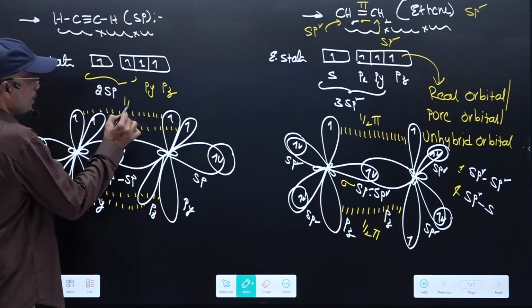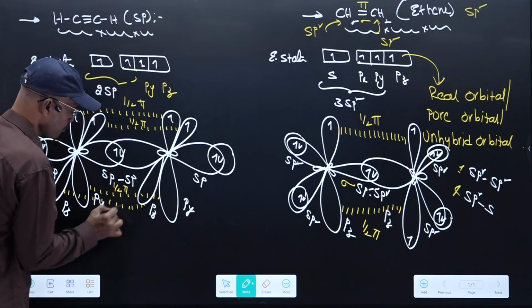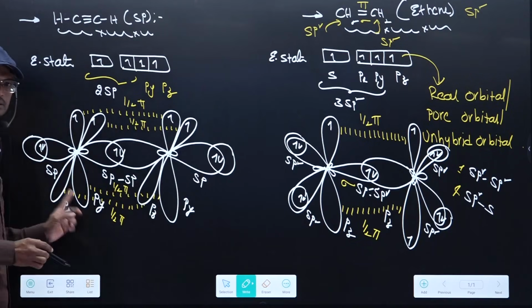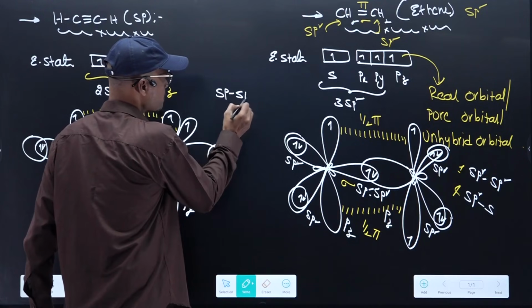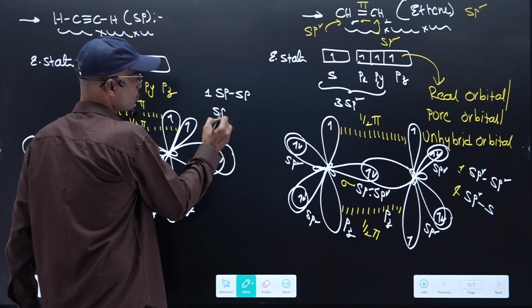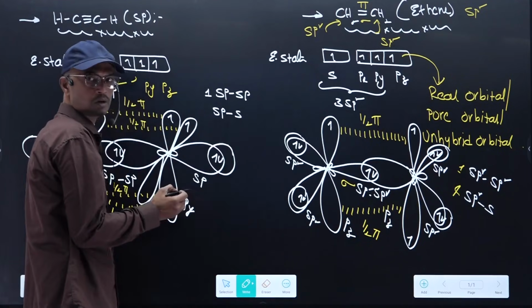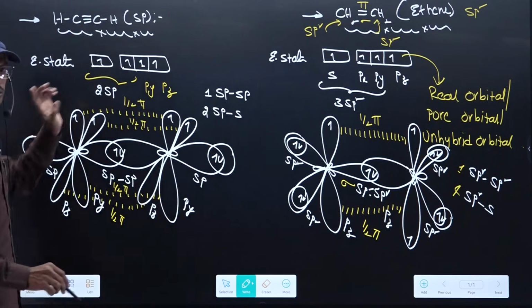So here half pi bond above and half pi bond below, half pi bond below, like this. So in total, what is the kind of overlap? sp overlap. How many sp? 1. So how many sp-s overlaps are available? 2. Total 2.